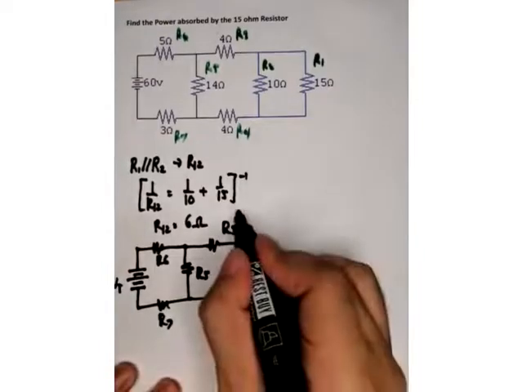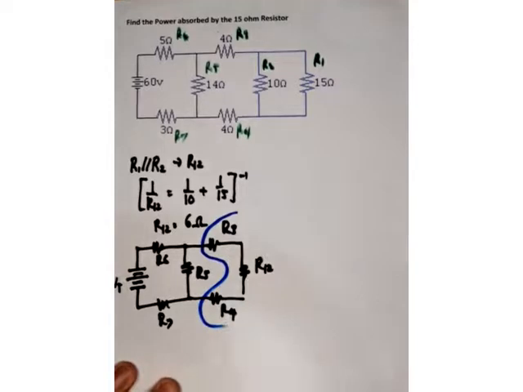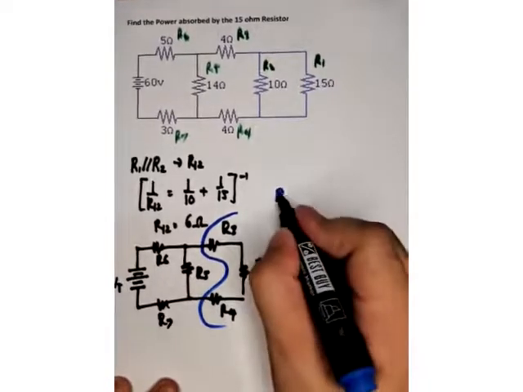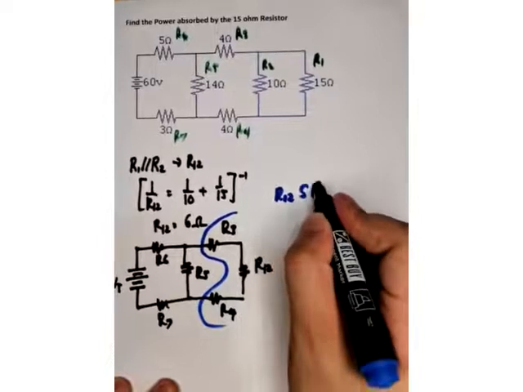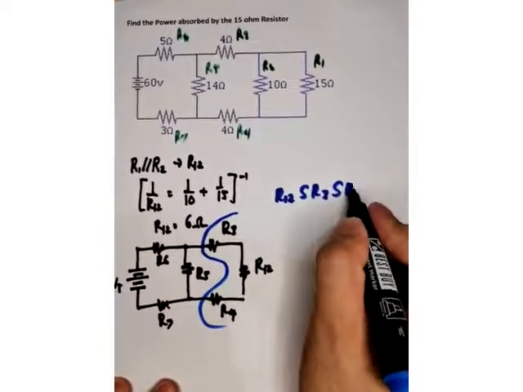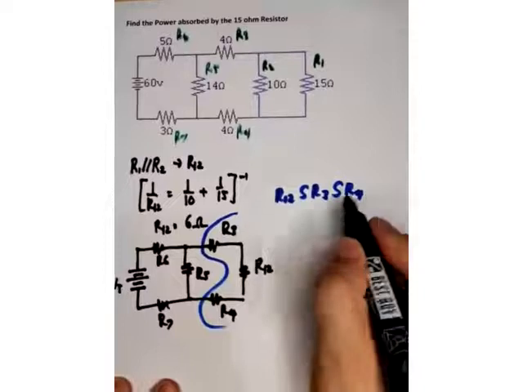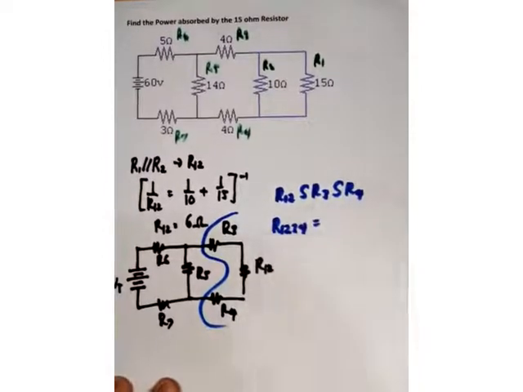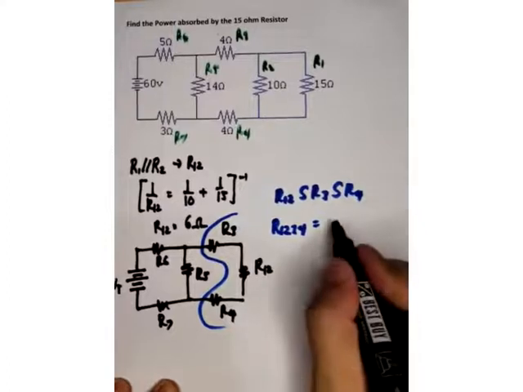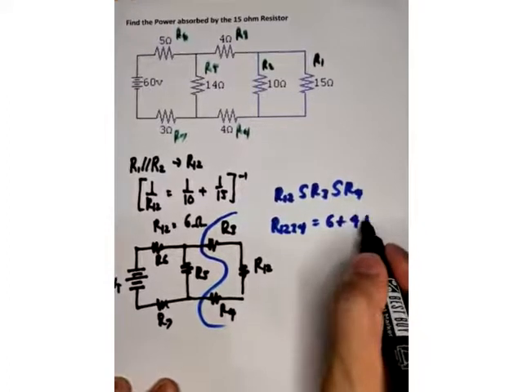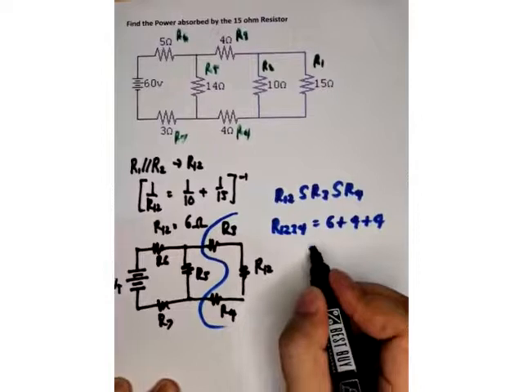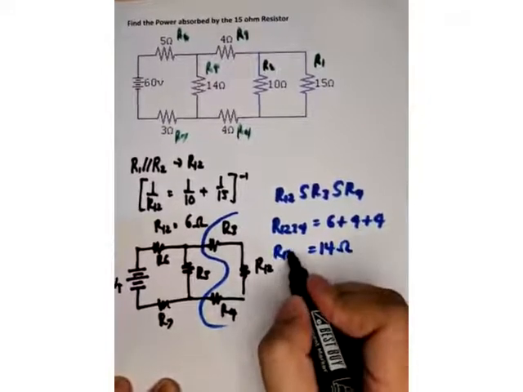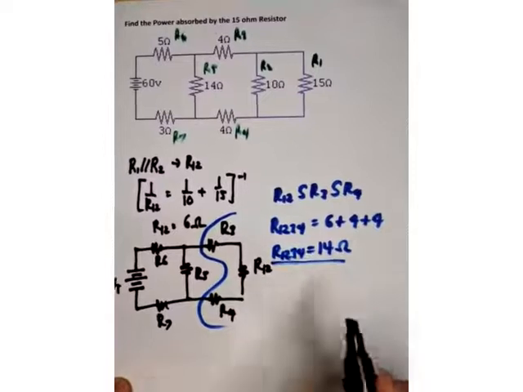Next are these three. Their combination is series. R12 is in series with R3 and also in series with R4. So, let's call it R1234. That's equal to 6 plus 4 plus 4. So, the answer is 14 ohms. So, R1234 is 14 ohms.